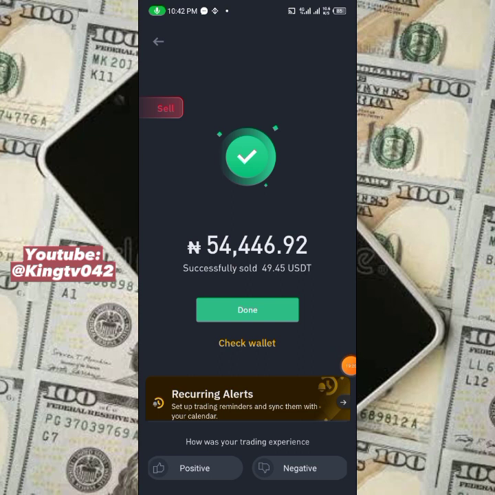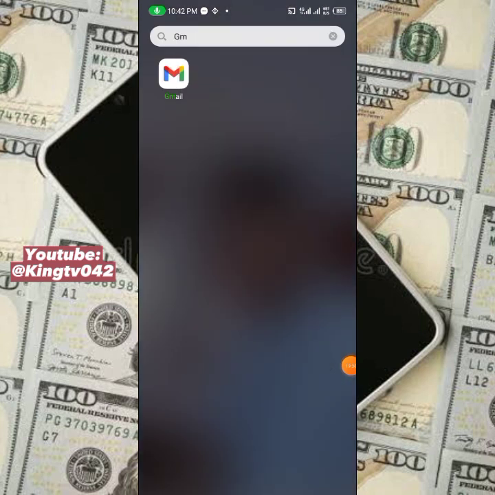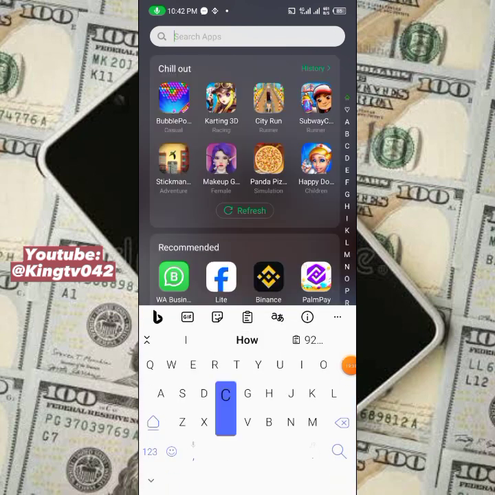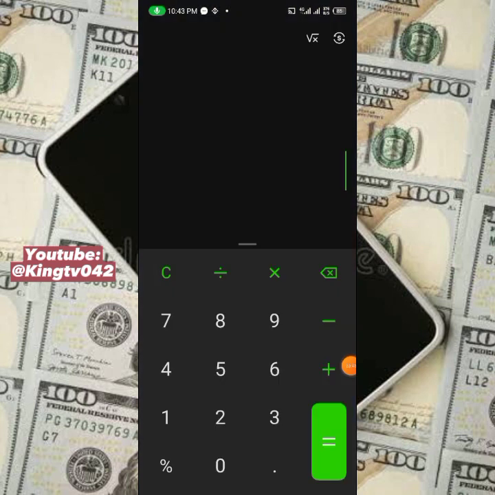Now let's check how much profit we make. Let's go straight to our calculator. Let's subtract our initial capital from what we got and see how much we made.